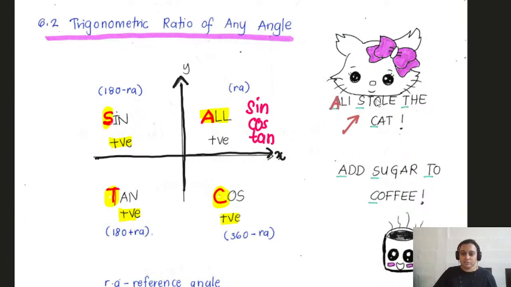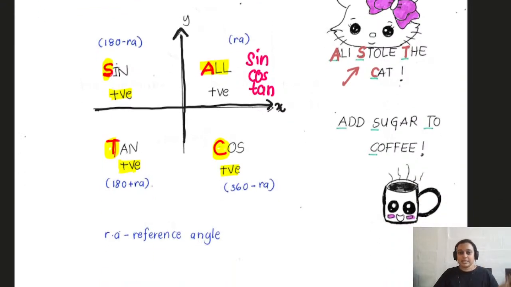A is all, S is sine, T is tangent, C ialah cos. Those learning in bahasa also can hafal this way, no problem. Another one, lagi satu yang boleh kita hafal: add sugar to coffee. A all, S sine, T tangent, C cos.